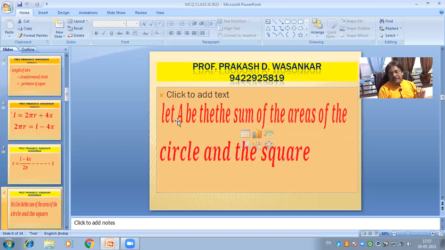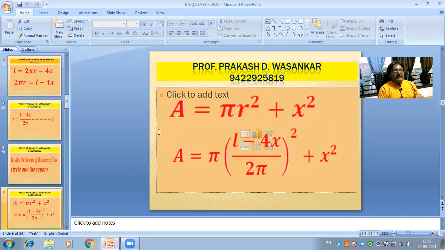We know the formula for the area of a circle is pi r square. Area of the square is side square, that is x square. Therefore A is equal to pi r square plus x square.